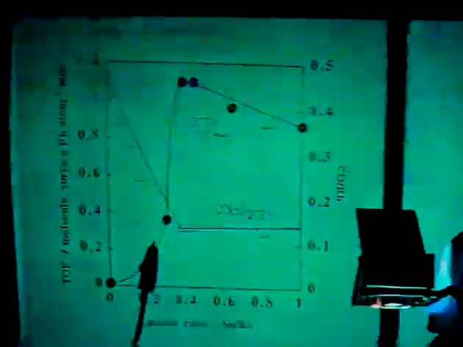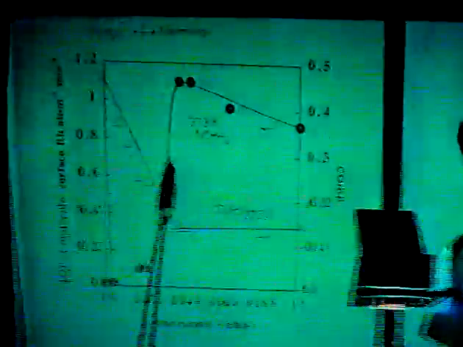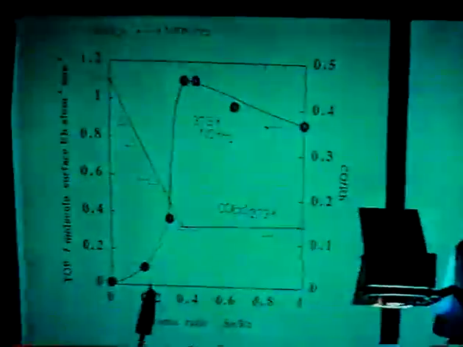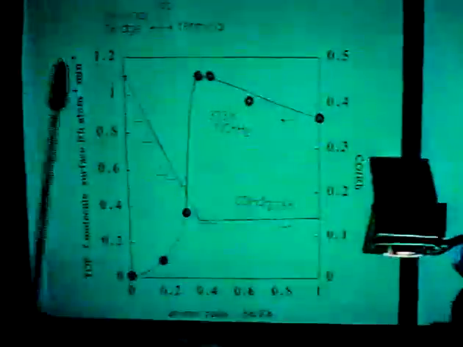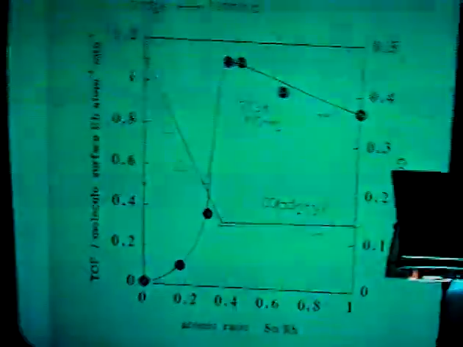The catalytic activity of the bimetallic catalyst with the 0.4 atomic ratio of tin to rhodium is 75 times as large as the catalytic activity of the monometallic rhodium catalyst.